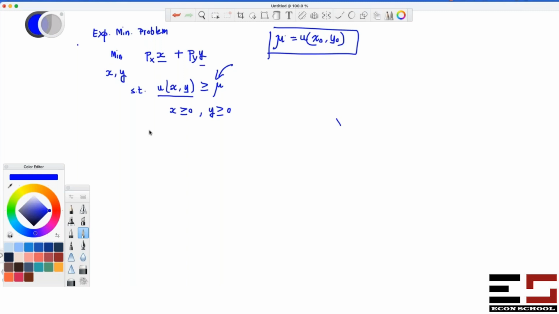What that means is that whatever satisfaction level is associated with bundle 2, 3, you want to achieve at least that much satisfaction. And of course you want to do that in a least cost manner. Okay, fine. So that's your target level of satisfaction, mu is u(2, 3).